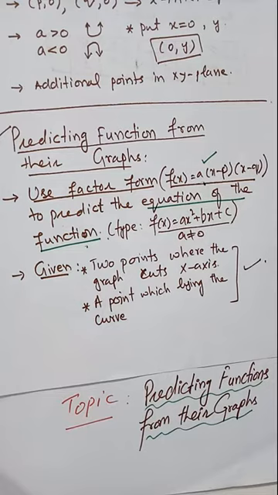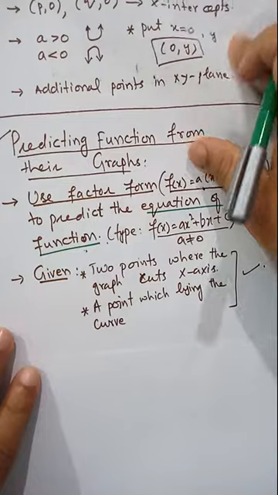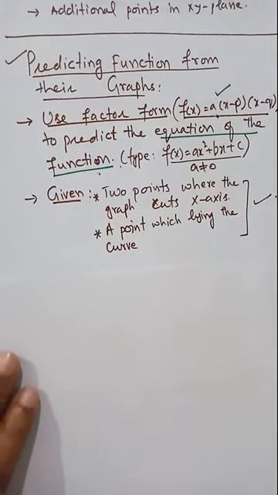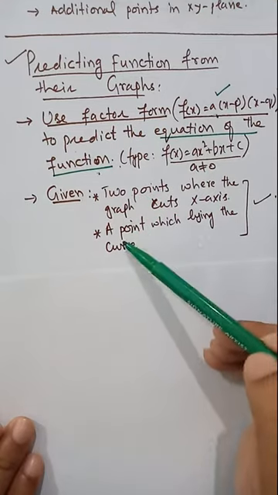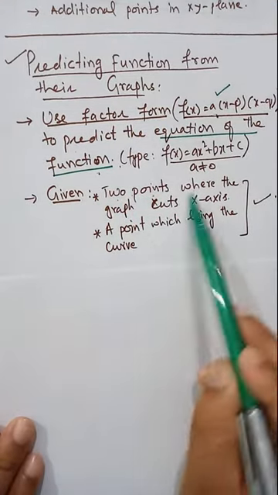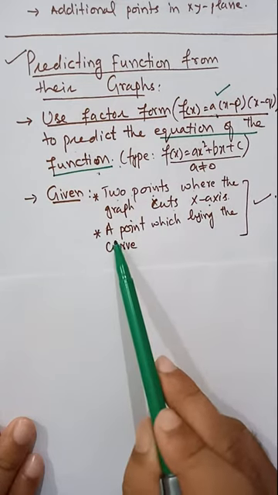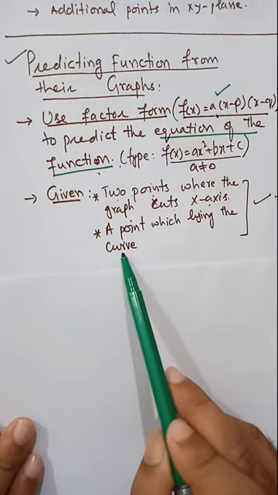Now I am taking an example to explain this method. Once again, remember that two points will be given, meaning the two points where the graph cuts the x-axis, and another point will be given which lies on the curve.